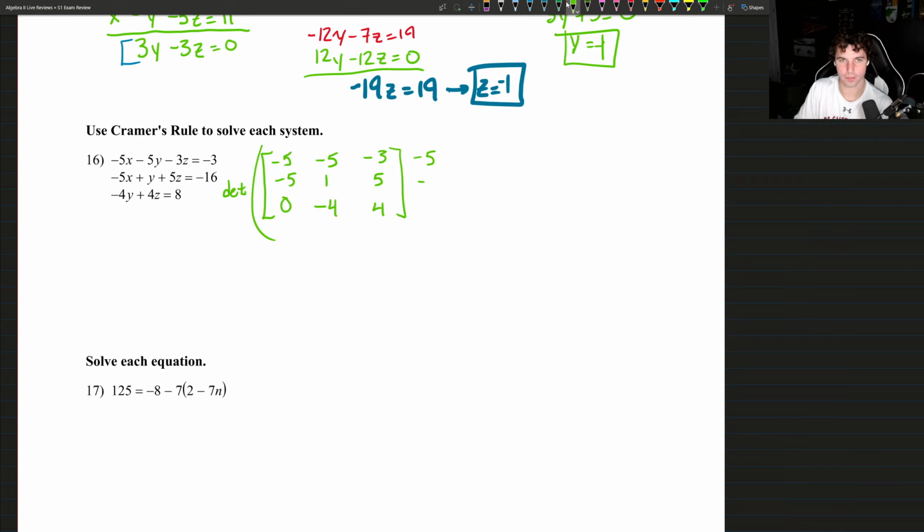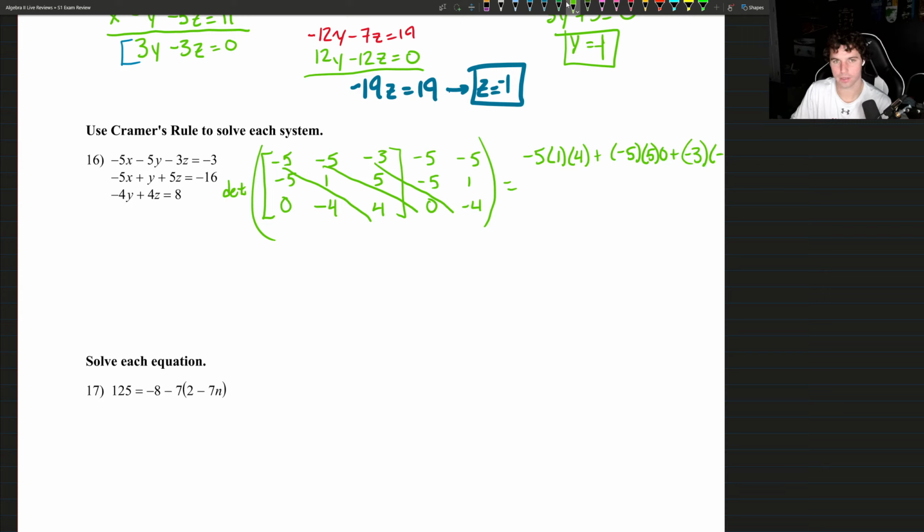So we repeat these first two columns. And we take the product of the diagonals and the sum of each one going in the same direction. So this would be -5 times 1 times 4, plus -5 times 5 times 0, plus -3 times -5 times -4.